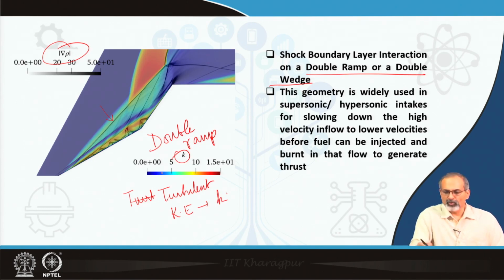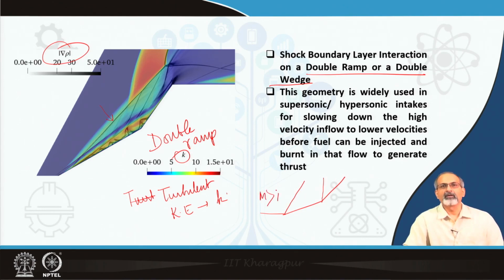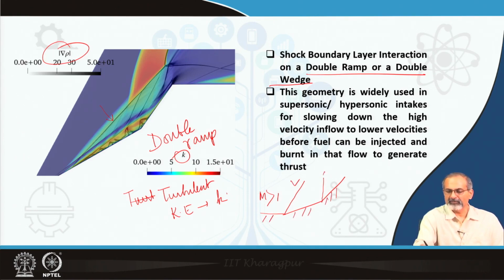An important thing to note over here is that if it was an inviscid flow, you might have expected something like this happening here. So, a hypersonic flow approaching the double wedge, creating the first oblique shock here, followed by the second oblique shock with the deflections, if you call them theta 1 and theta 2 respectively.